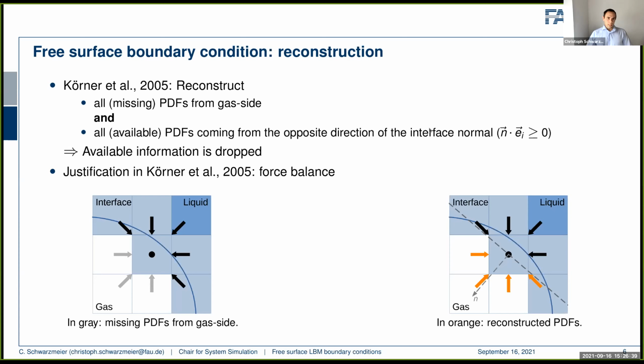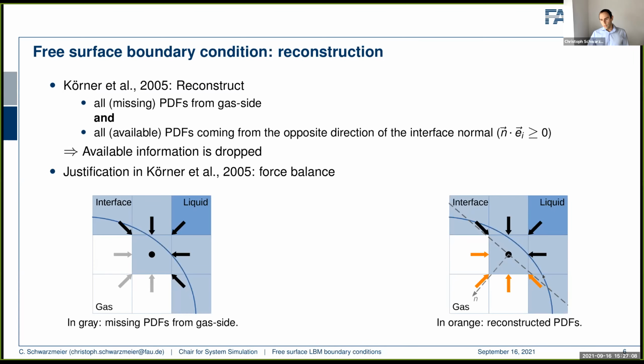As I said, we do not have those PDFs available, so we need to reconstruct them. The straightforward way would be to say, okay, all those PDFs that are missing, let's simply reconstruct them, and that's it. However, in the original paper, the authors argue differently. They say we need not only to reconstruct those PDFs that are actually missing, so in the image on the left, those 3 PDFs, but actually we need to reconstruct all PDFs that are coming from the opposite direction of the interface normal.